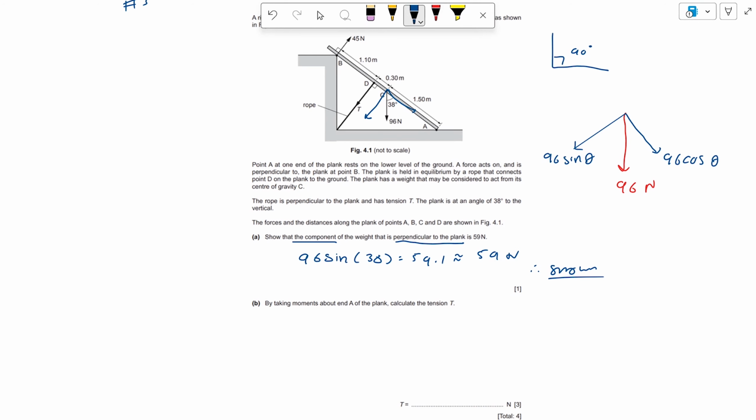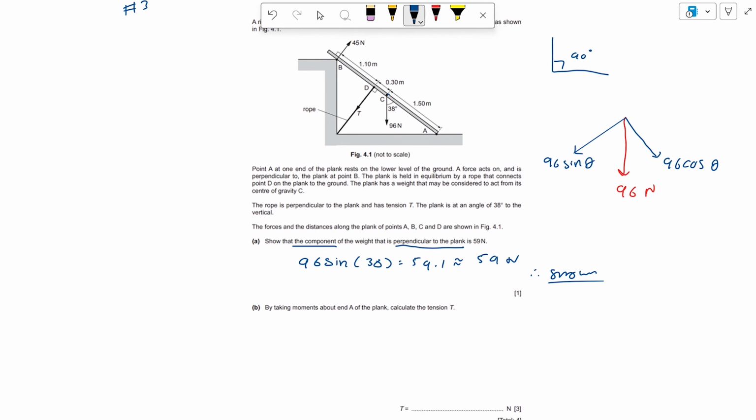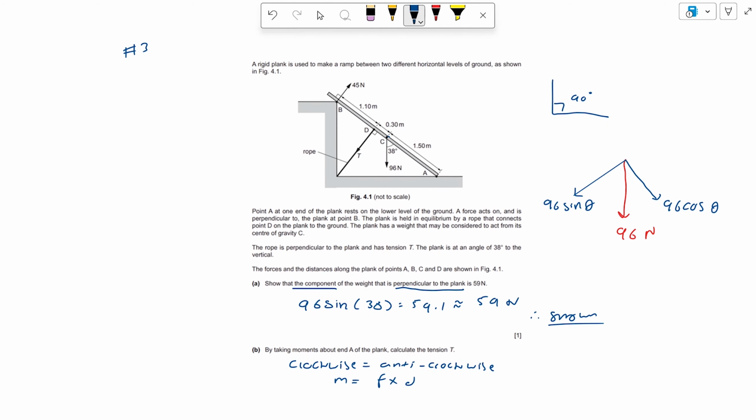Right, so now we need to calculate the tension in the string by using moments. So our handy-dandy formula, so clockwise is equal to anti-clockwise, moments is equal to force times distance, and now we need to identify our clockwise and anti-clockwise forces. So we have a force acting in this direction, which is going to be 59 newtons.